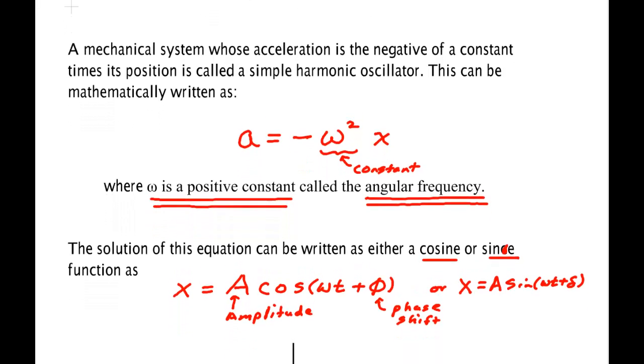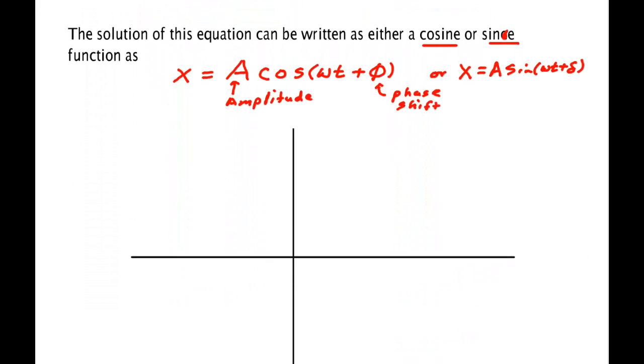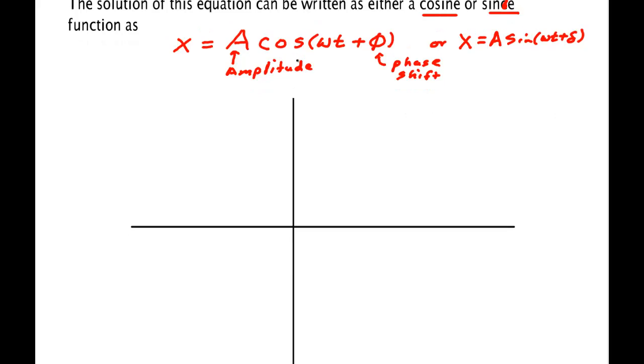Now I want to go back and look a little bit at what this thing says. Choosing one of these, whichever one that you would like, you have a function that's going to do something like this. Not a very good drawing, I'm afraid.